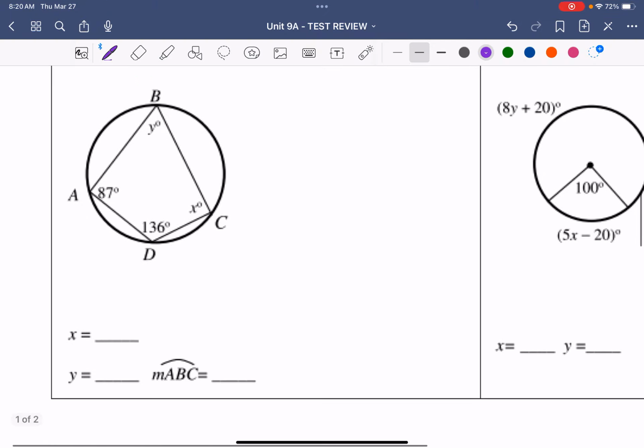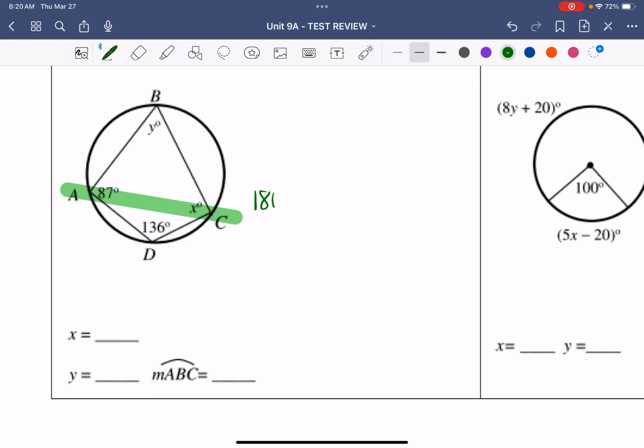Okay, next problem. Now we have an inscribed quadrilateral. The good thing about inscribed quadrilaterals is opposite angles are supplementary. So you see how they want us to find the value of x. Well, x is right here in my diagram, and it is across from angle A. So those two together need to equal 180.